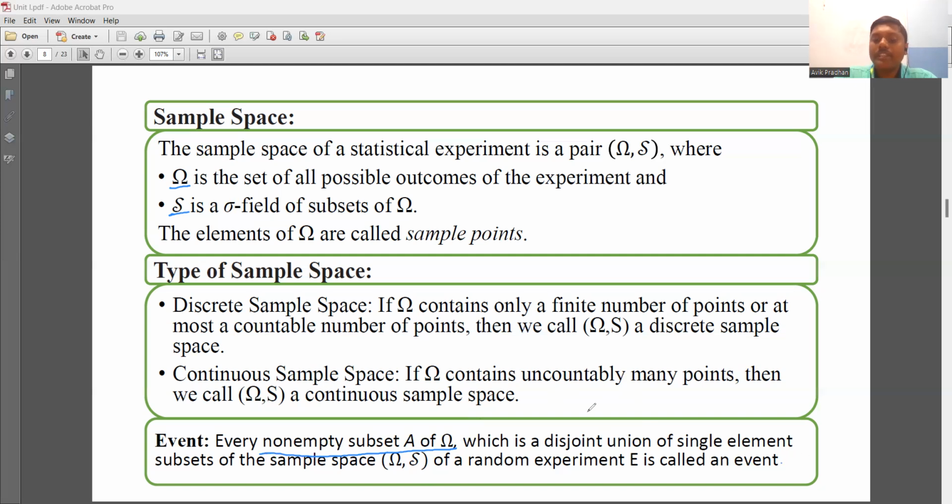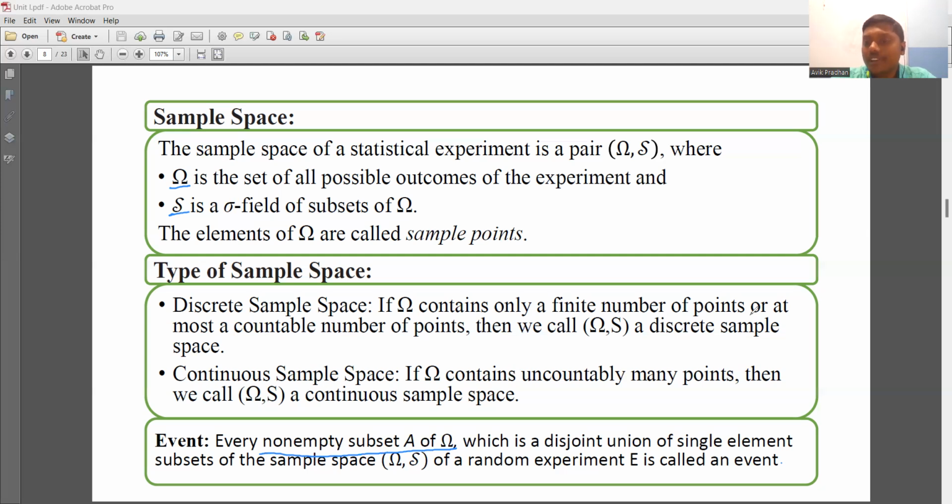So if I think about an experiment of rolling a die, the corresponding sample space will be omega equal to {1, 2, 3, 4, 5, 6}, and script S, the sigma algebra corresponding to it, will be the power set of omega.